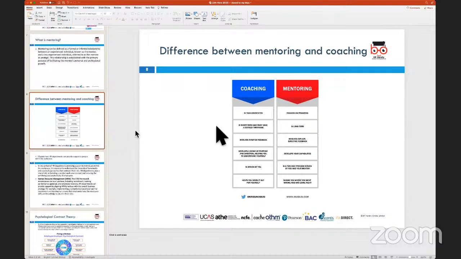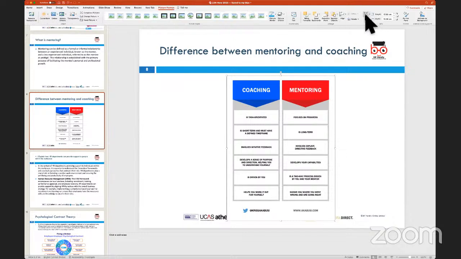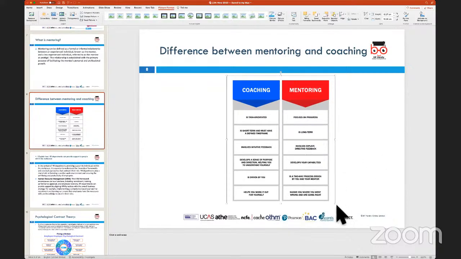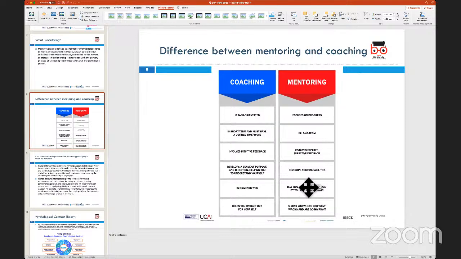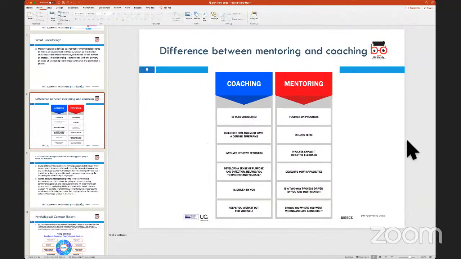Now, I've also put together a small table which highlights the differences between the two aspects of coaching and mentoring. This is for you to read, because coaching tends to be task-oriented, while mentoring tends to focus on progress and continuous improvement required to be made by the employee.